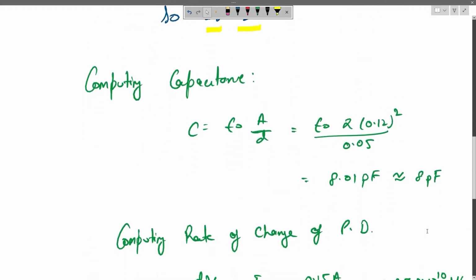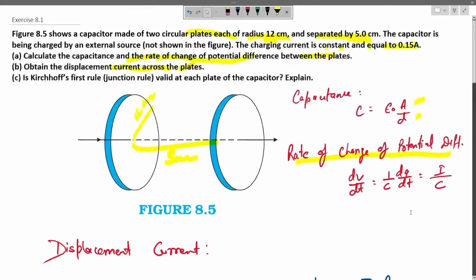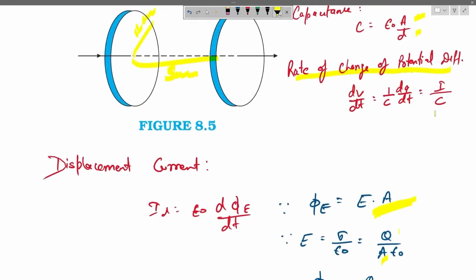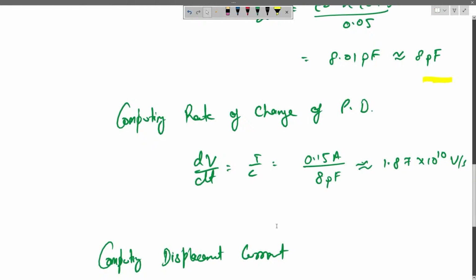Now let's compute the capacitance. Capacitance is epsilon naught A by d. After substituting the area and the distance between the plates, we come to the conclusion that the capacitance is equal to 8 picofarad. Now computing the rate of change of potential difference, we already calculated that dV by dt is equal to current by capacitance. Substituting that in this expression, we get a value of 1.87 into 10 to the power 10 volt per second.